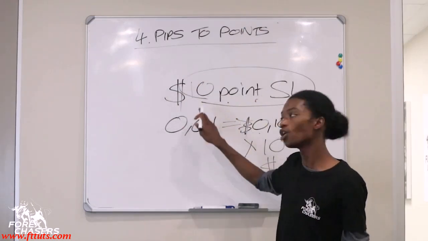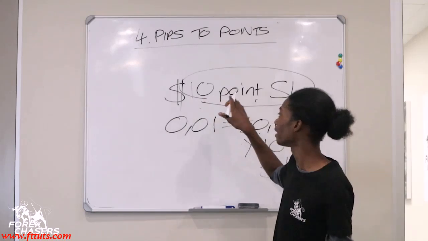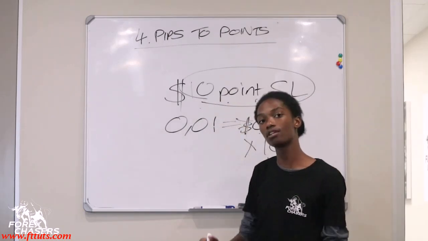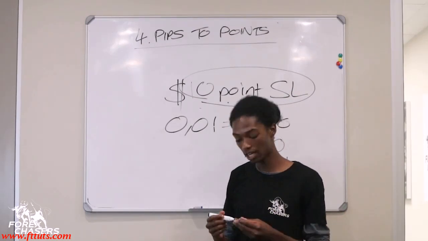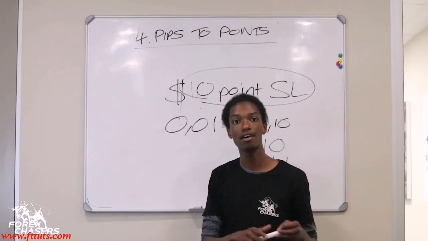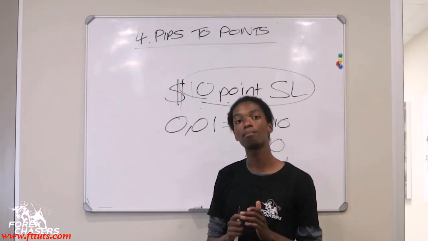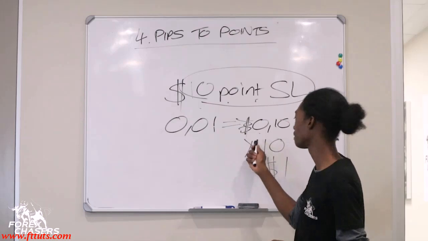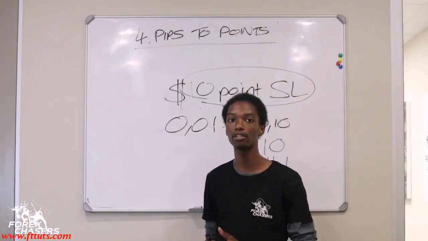If this was a position opened on currencies, our risk with this 10-point stop loss would equal $1. So you can see the difference between calculating risk on our currencies versus calculating risk on indices. You just multiply your pip value by 10, and that will give you the value per point on your indices.